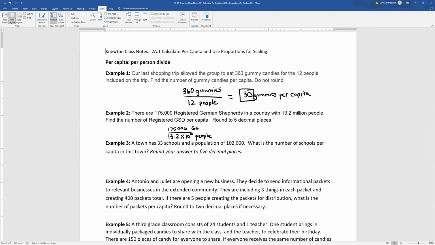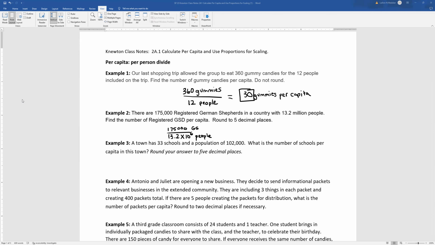So let's go ahead and divide that. 175,000 divided by parentheses. Anytime you divide by scientific notation, put it in parentheses. 13.2 times a 10. Use my exponent button to the 6th. Close my parentheses. Hit enter.